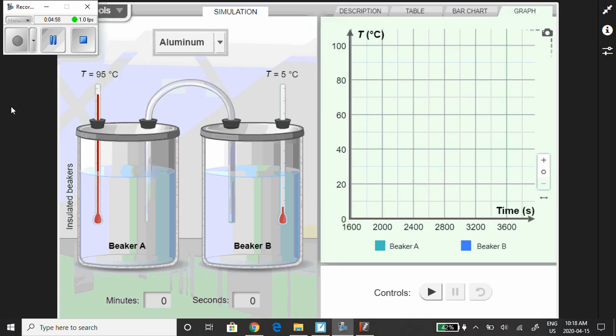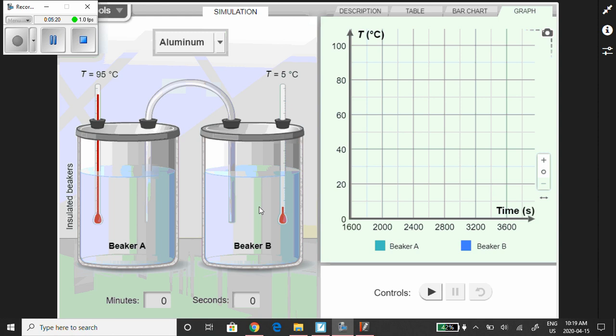So one of the phenomena that we want to explore is how thermal energy is transferred through heat from something that's warmer. Look, this beaker, beaker A, it's an insulated beaker. It's not a special kind of beaker. It's at 95 degrees Celsius. This beaker is at 5 degrees Celsius. They're also an insulated beaker.